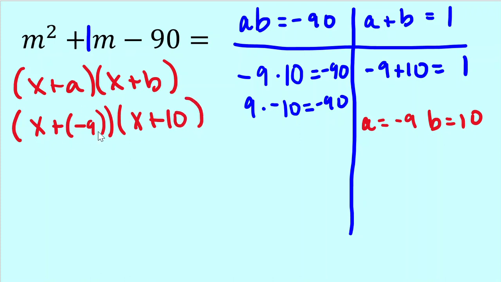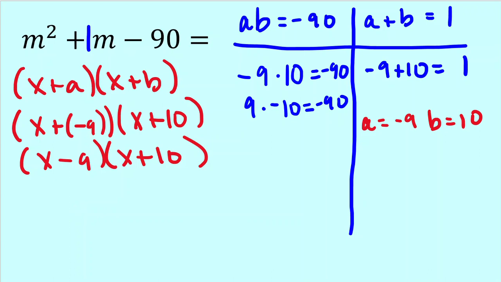Let's go ahead and simplify by getting rid of these inside parentheses. So this is just going to be x minus 9 times x plus 10. And let's go ahead and expand this and just make sure that it does indeed equal our original expression. Darn. You know what?